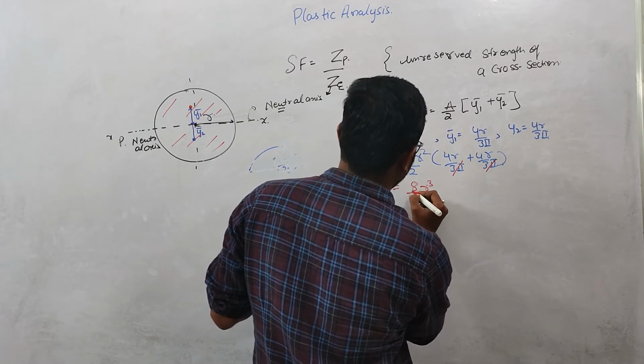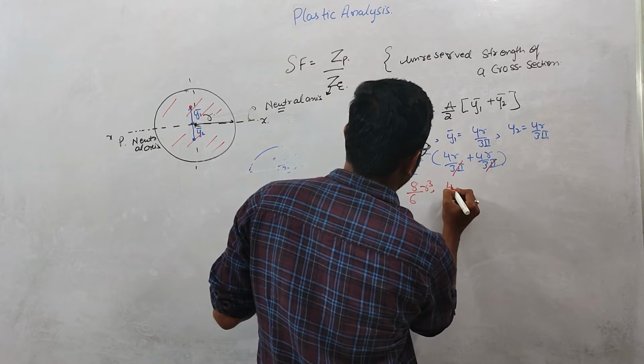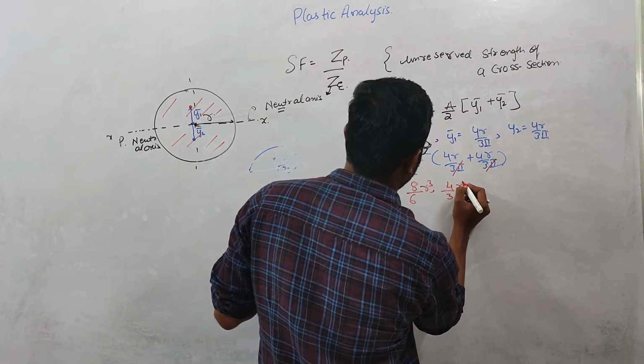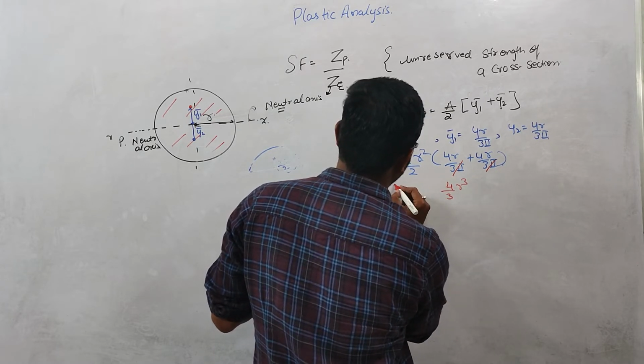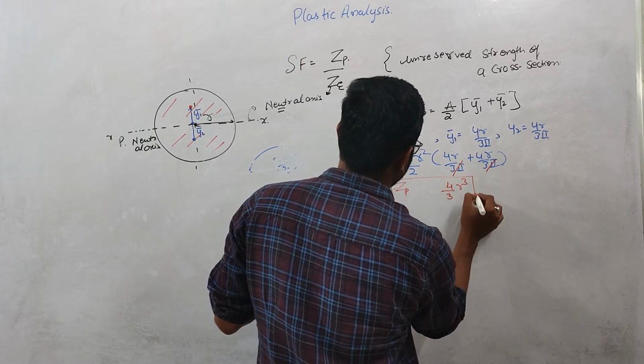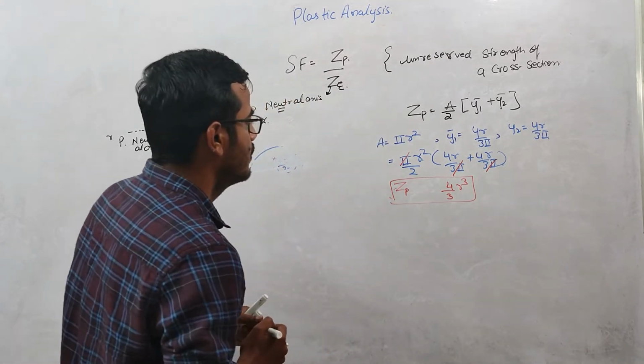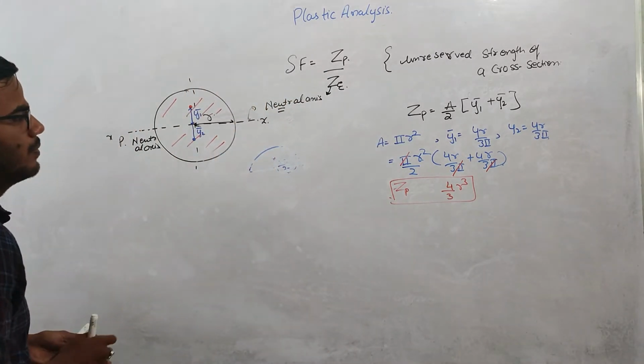So this will be 4 by 3 r cube. This is the value of the plastic section modulus, Zp equals 4 r cube over 3.